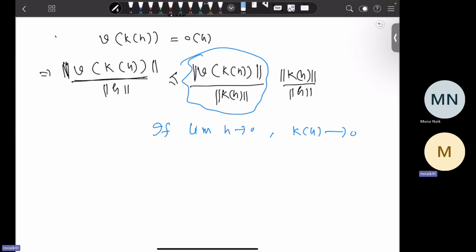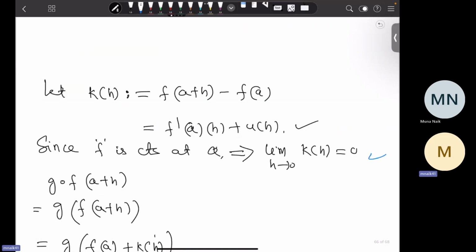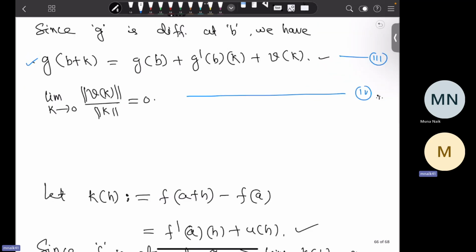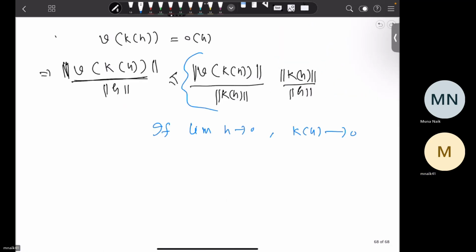Since f is continuous at a, norm of bk by norm k goes to 0; from IV this is clear. If I can show that norm of kh by norm of h is bounded, then I am done as h goes to 0 in the neighborhood. This is the idea.